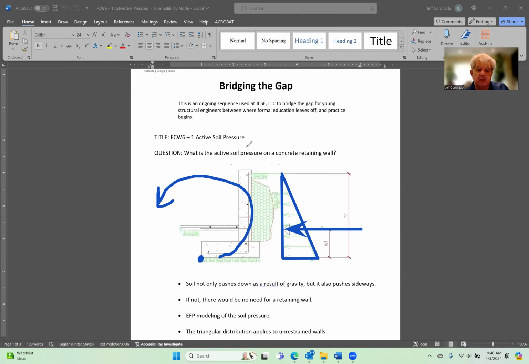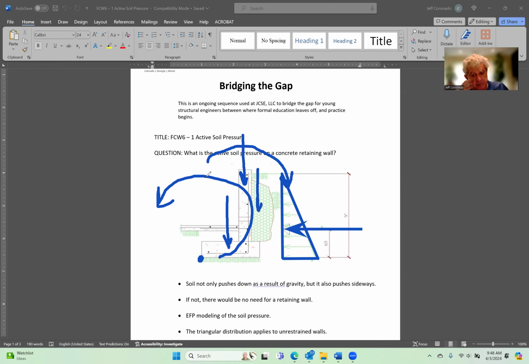Then we have to make sure that the clockwise rotation induced by gravity forces acting over here and through the center of the footing generates a clockwise moment that exceeds the overturning moment.